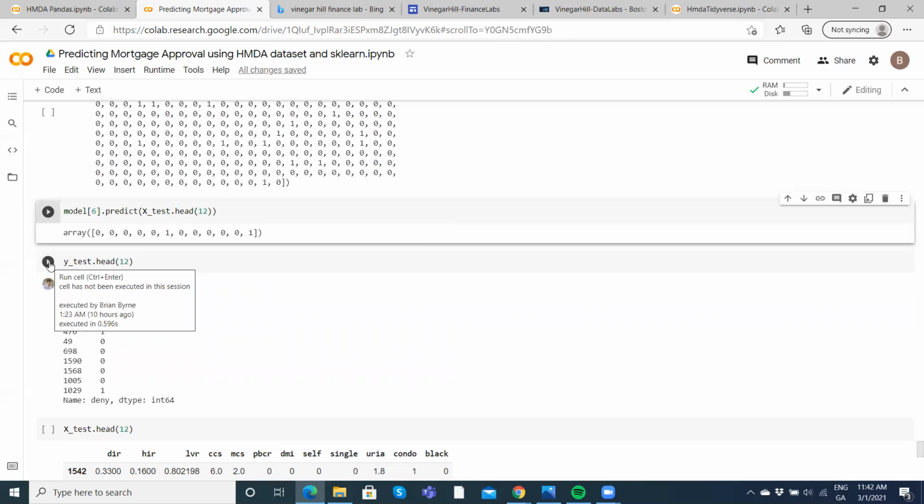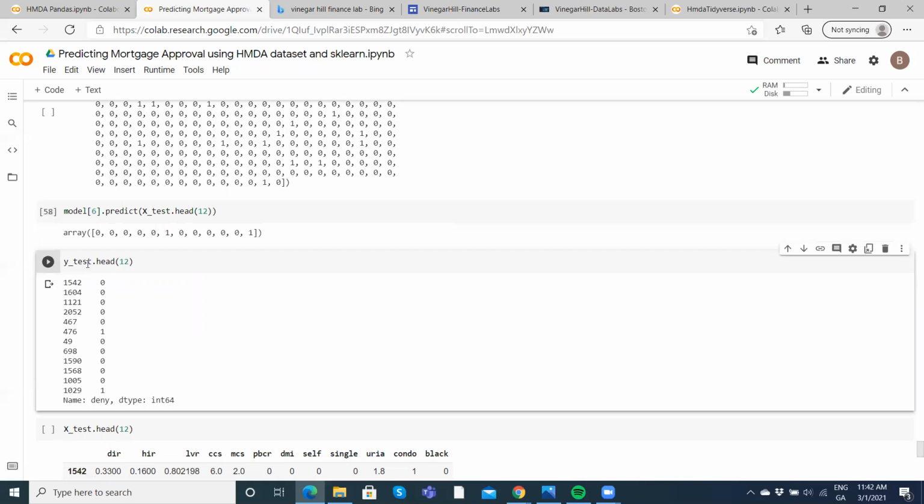And we can then test to see, well, take the actual top 12 applicants in the Y test. The Y test is the variable we're trying to predict, whether you're approved for mortgage or not.